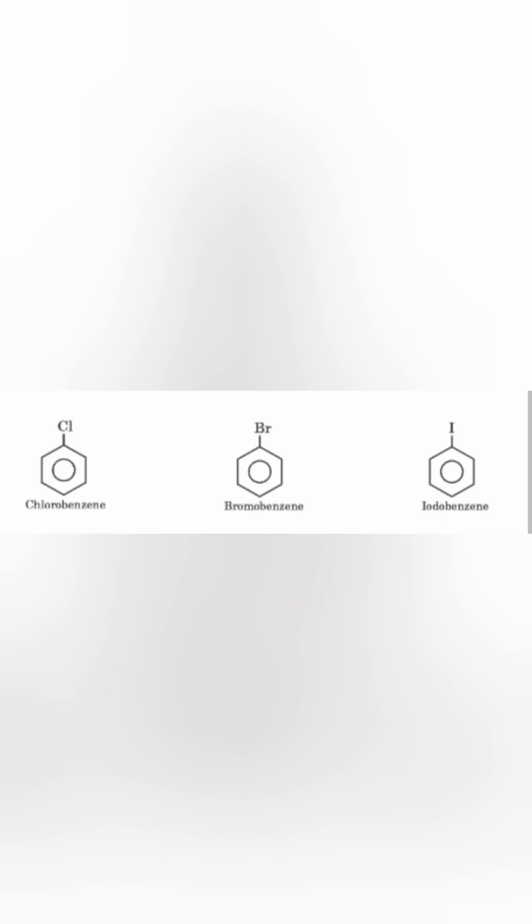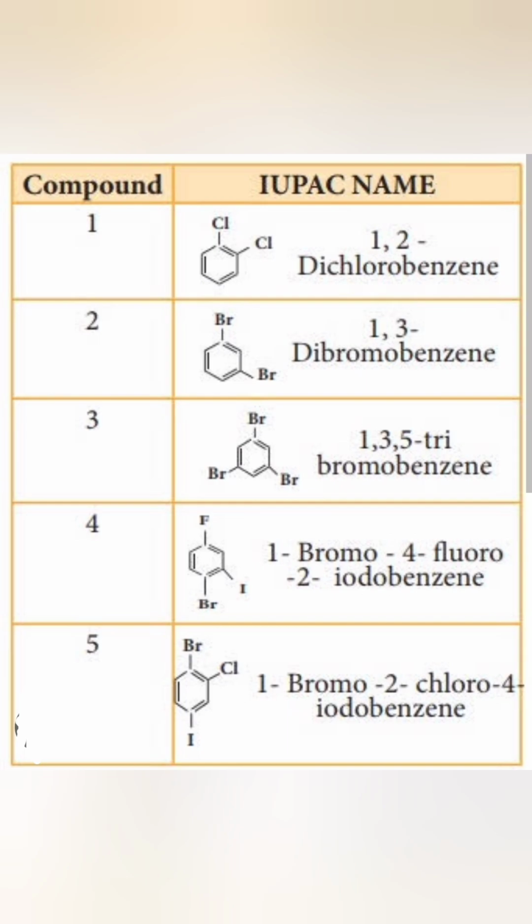Now these are some aryl halides: chlorobenzene, bromobenzene and iodobenzene. An aryl group is when benzene is attached to the halogen group. When there are 2 such groups, then we have to number them. Numbering will start from chlorine as 1, then 2.